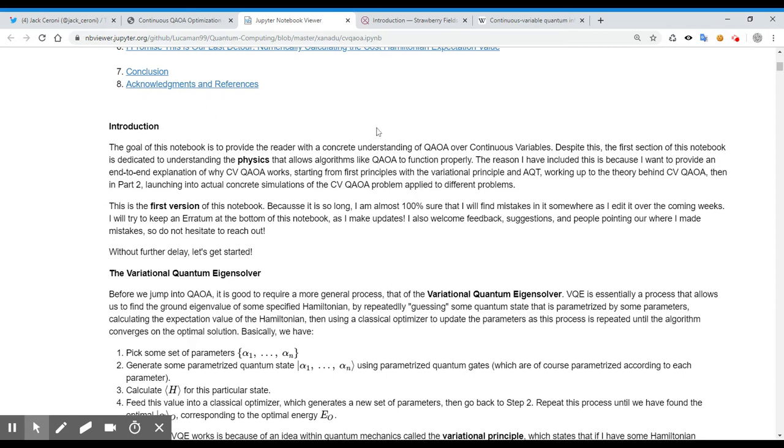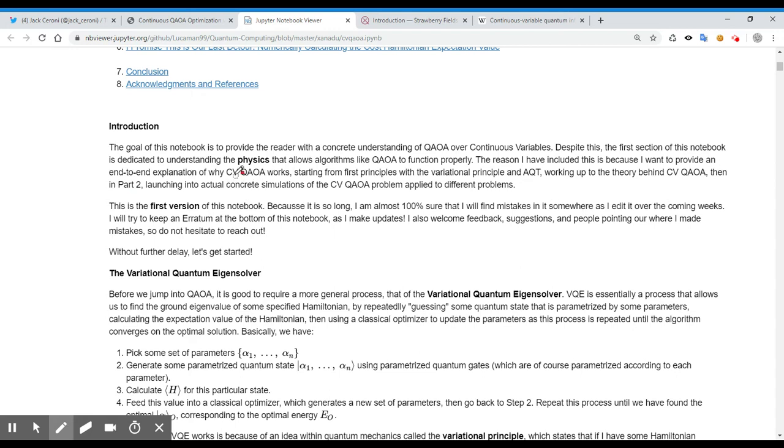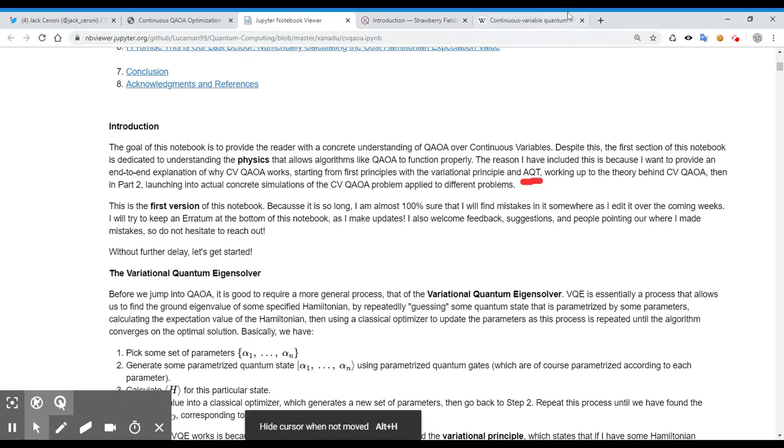The goal is to provide the reader with a concrete understanding of QAOA over continuous variables, to understand the physics that allow the algorithms to work properly, and to an explanation. Thanks, that's good. What is AQT? What is AQT?